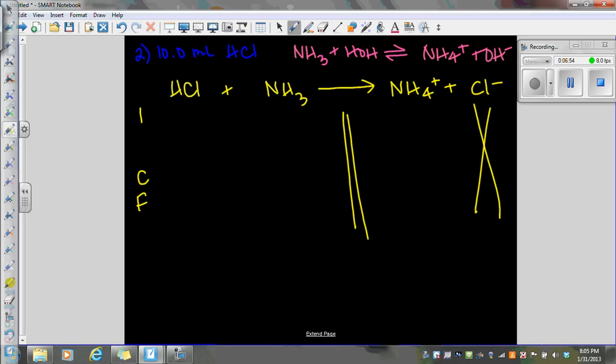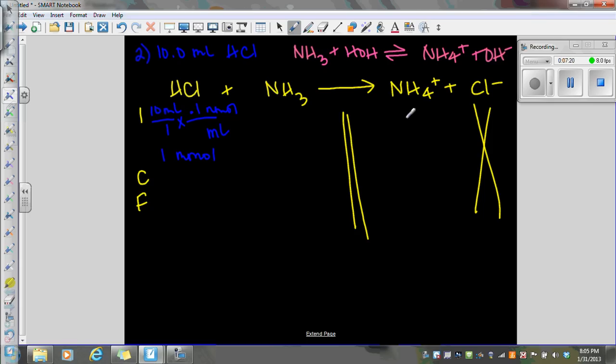So what we will do is fill in what we know. Because this is a chemical reaction, we have to go to moles. So let's go ahead with our HCl. We have 10 milliliters of HCl, and we need to go to millimoles. And our HCl was 0.1. So 10 times 0.1 gives us 1 millimole.